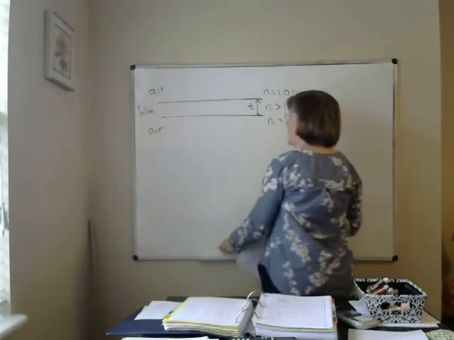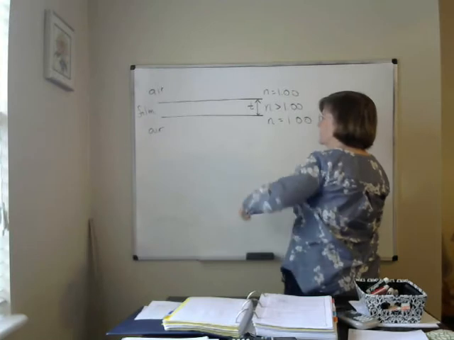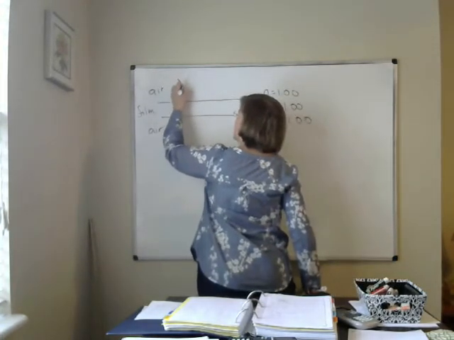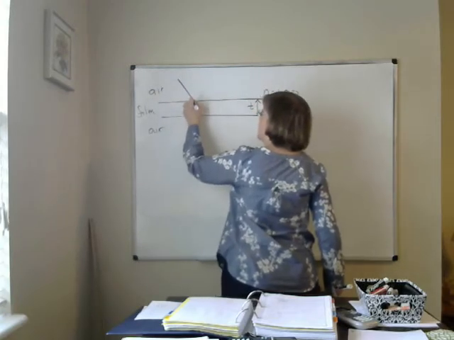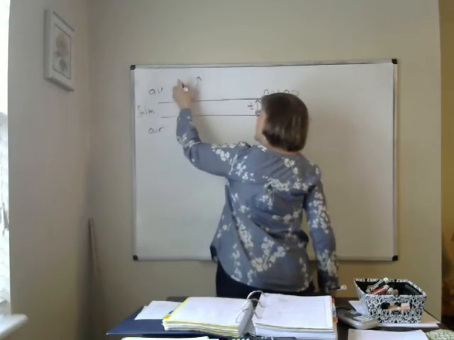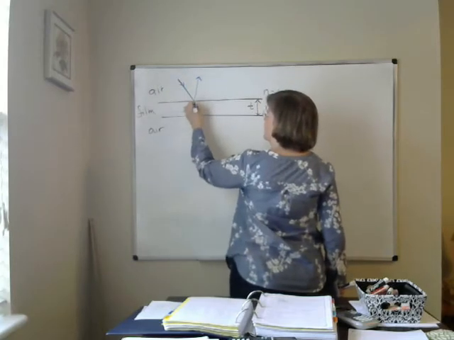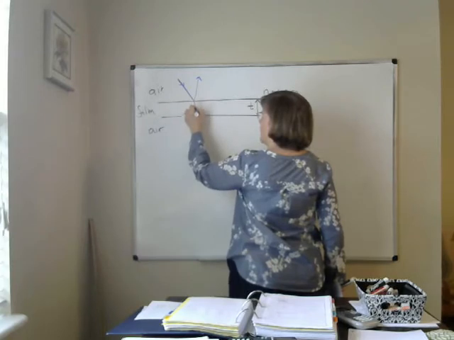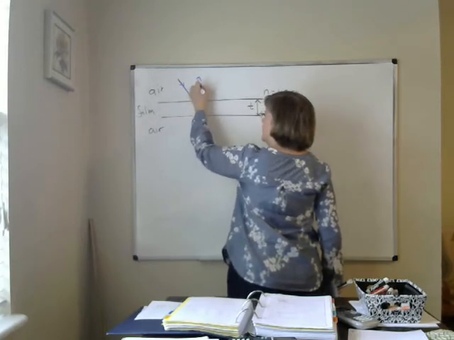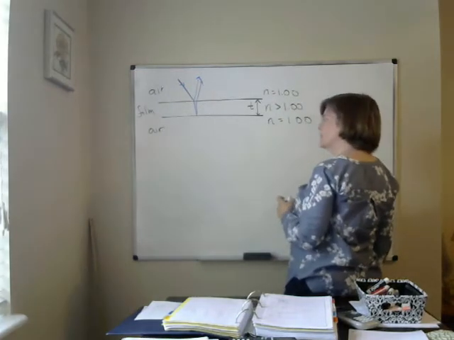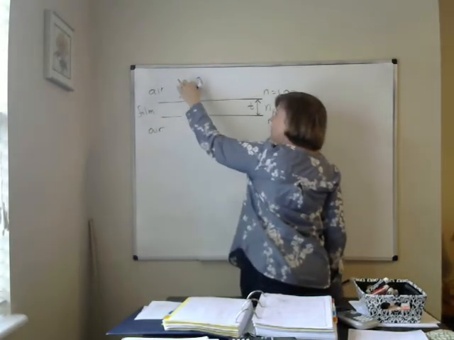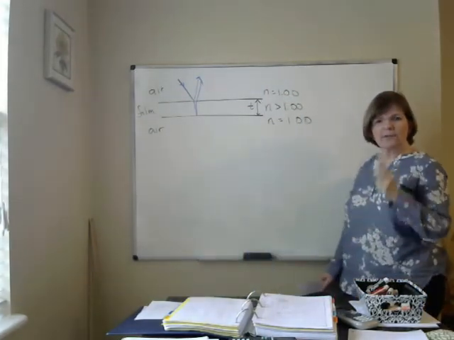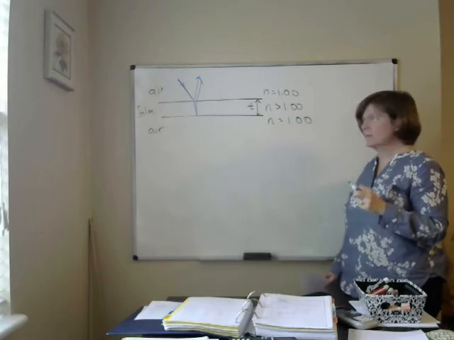So if I have a beam of light and it hits this surface like this, some of the light is going to just reflect straight off. Some of the light is going to refract toward the normal, bounce off, and then come out. Now, if I could have drawn it perfectly perpendicular, all of this light would go straight down and straight up, but you wouldn't be able to see the two different rays, and I want you to see what happens to those.